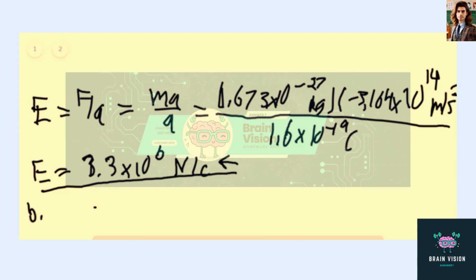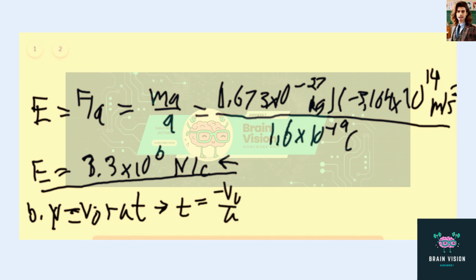So we're going to use our trusty V equals V naught plus AT. Our V is 0, and we can solve for T. T equals minus V naught over A. Plug in our numbers.